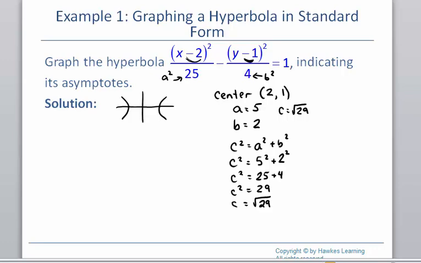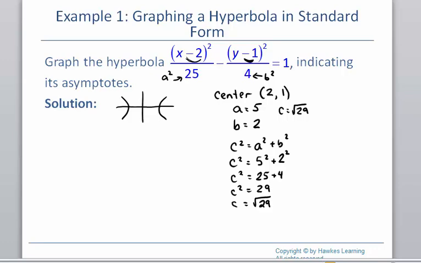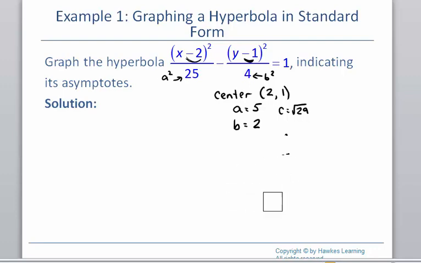So remember that we said that the vertices were determined by the a. So let's use that to find the vertices for our example. What I'm going to do is go ahead and start graphing this and try to be a little more specific.